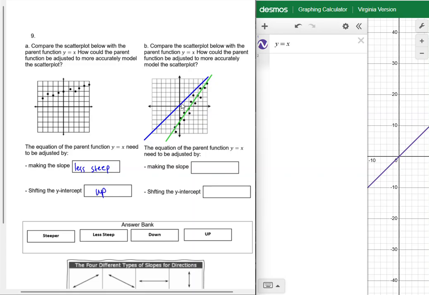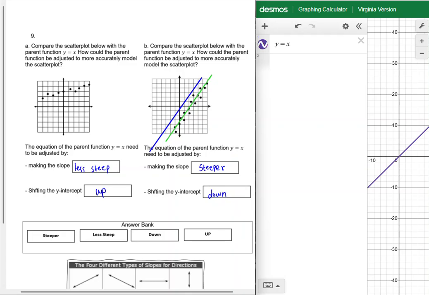First of all, my y-intercept has to move down, right? Let me write that. And then the slope of the parent function should be steeper, meaning it needs to go up more. So the slope has to be steeper.